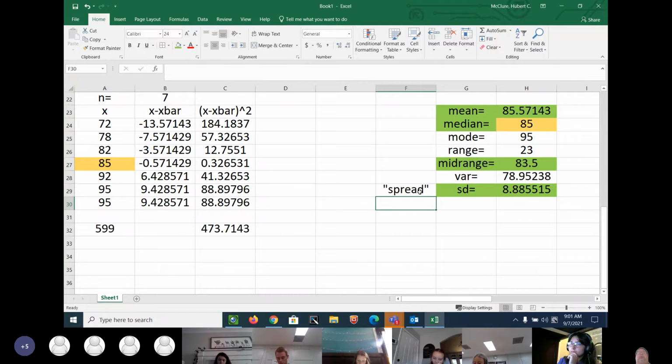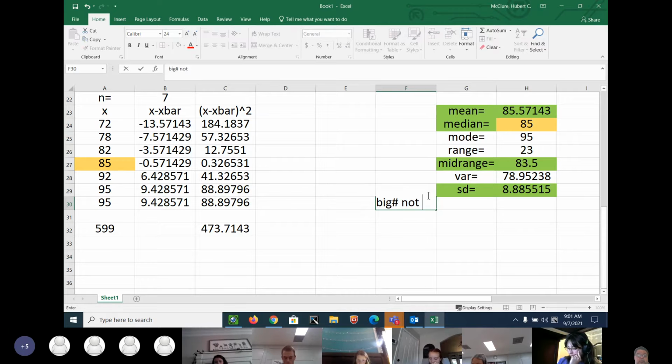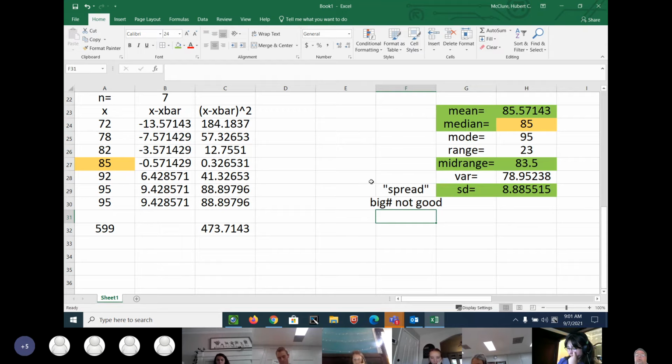It's how the distribution is spread out. Big number, not good. Small number, good. How do you know what's good and not good? Well, you'll see in just a second.